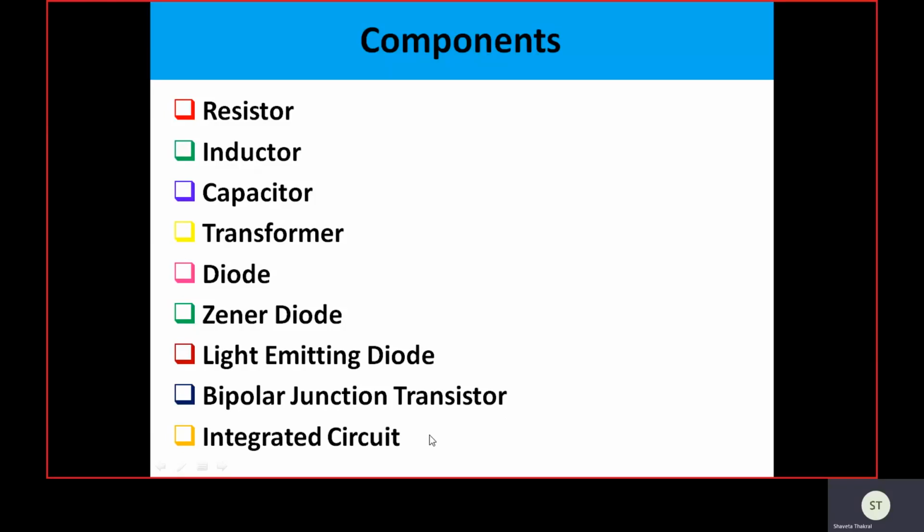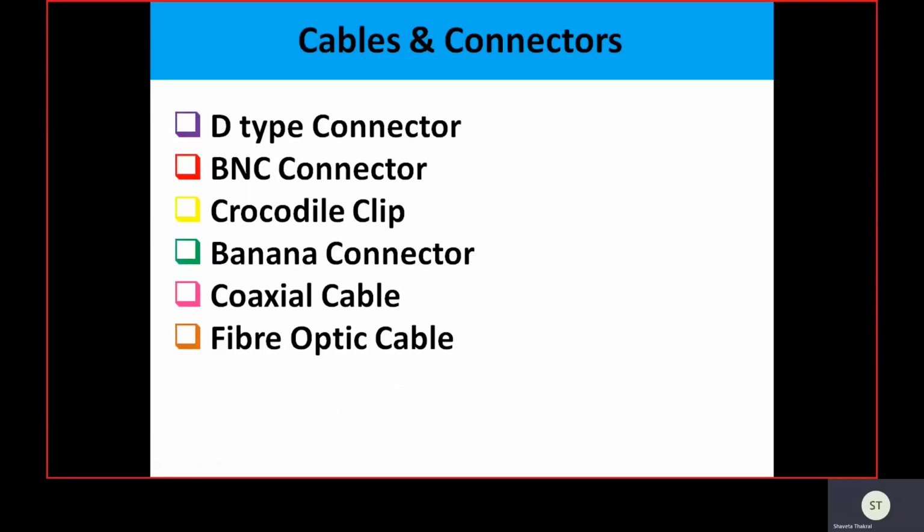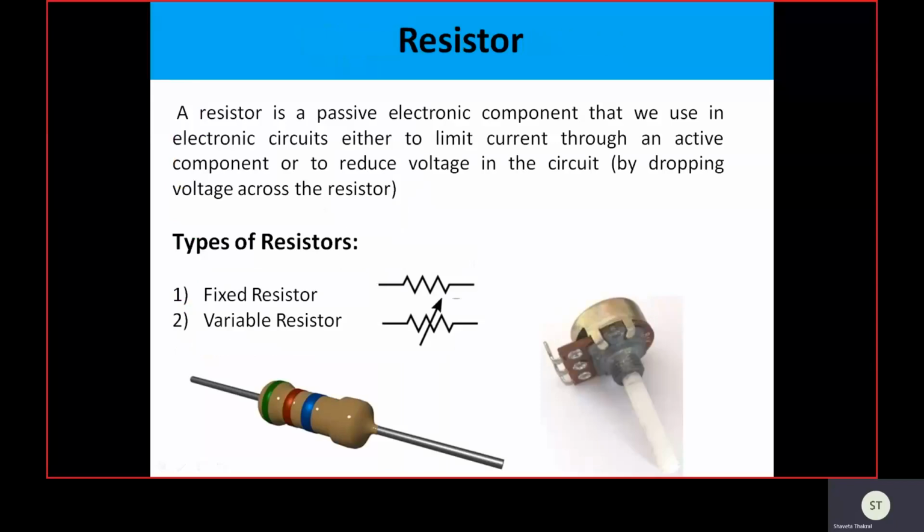Then we will discuss some cables and connectors, in which we will cover a D-type connector, BNC connector, crocodile clip, banana connector, coaxial cable and the fiber optic cable.